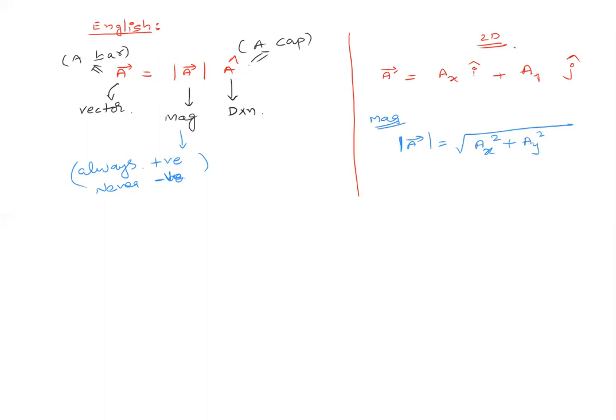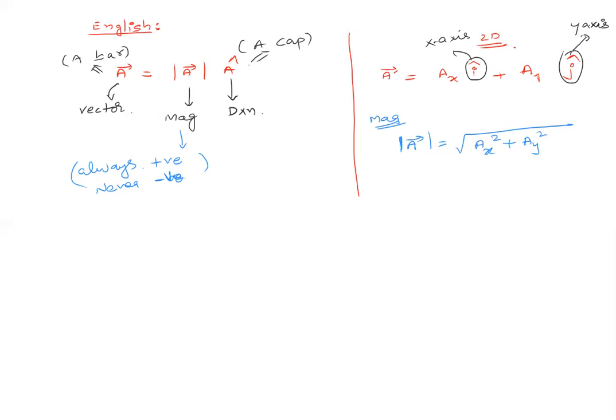Magnitude of this vector means the number associated with it. I cap is x-axis, we'll see about it later. J cap will indicate y-axis. This representation we'll see later, you don't need to worry. If a vector is given in 2D, it will have two components, x component and y component. Ax gives x component, ay gives y component.